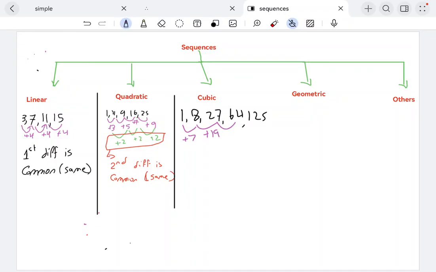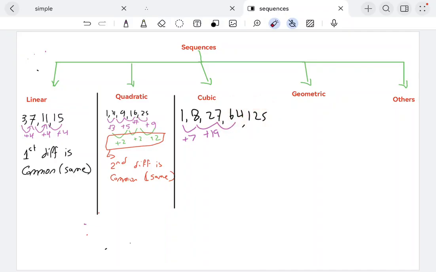Someone would say, teacher, how do you figure out the differences? Actually, what I do is I subtract second minus the first. 8 minus 1. 27 minus 8. Fourth term minus third term. Fifth term minus fourth term.